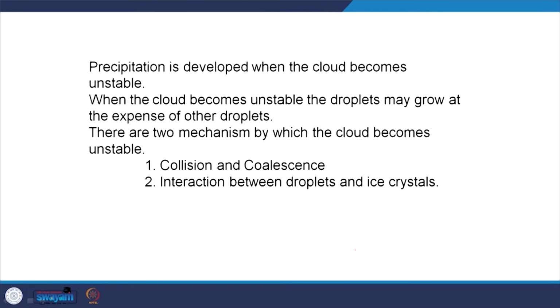Right. So, these are the mechanisms by which the cloud will eventually result in the formation of precipitation. We will learn about these two mechanisms, and how we can quantify the rates at which these two mechanisms work towards the formation of precipitation, and many other things in the subsequent classes. Okay, thank you.